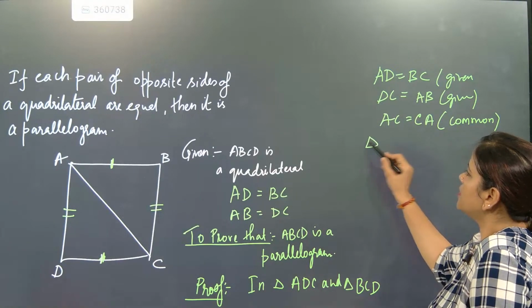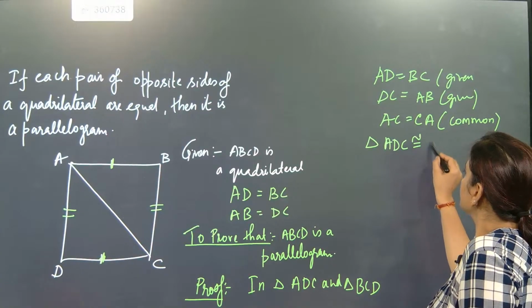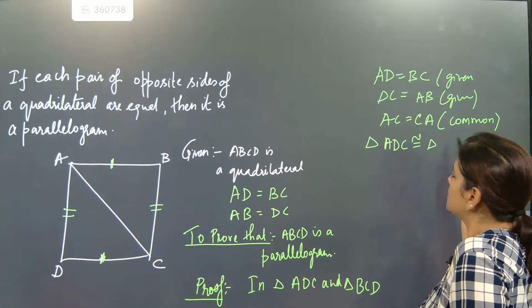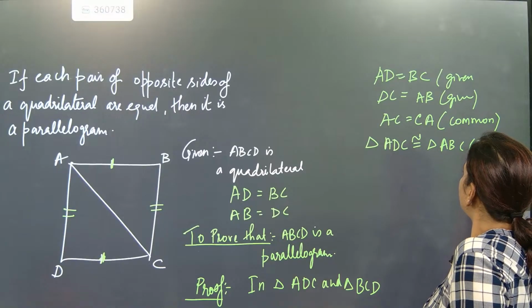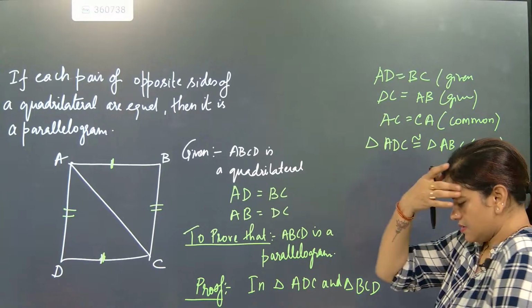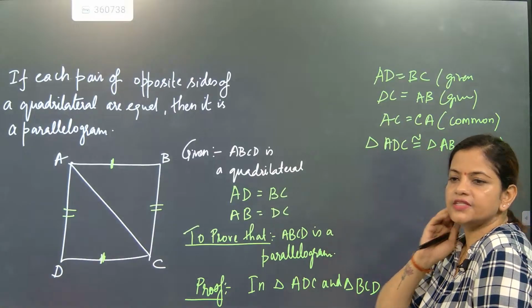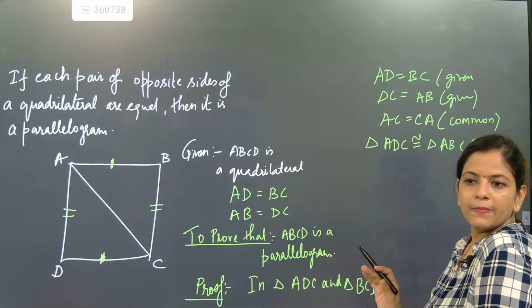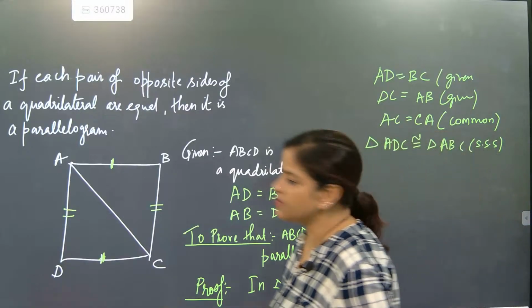So triangle ADC is congruent to triangle BCD by which criteria? Side, side, side. So by CPCT, what are we going to write?